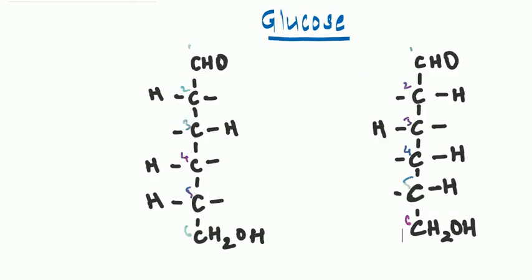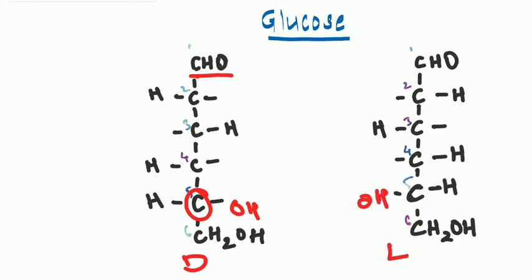Next example is of aldohexose, 6 carbon compound glucose with aldehyde as functional group, and fifth carbon, the asymmetric carbon which is farthest from the functional group. When OH is present on the right side, it is D-glucose. When OH is present on the left side, it is L-glucose.